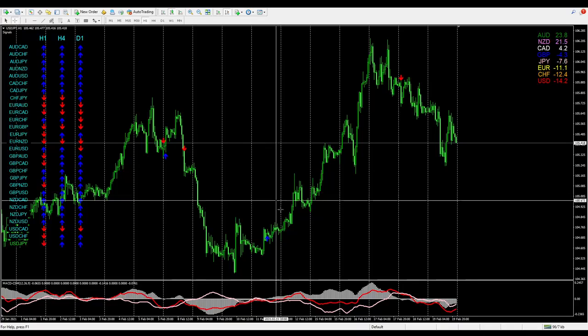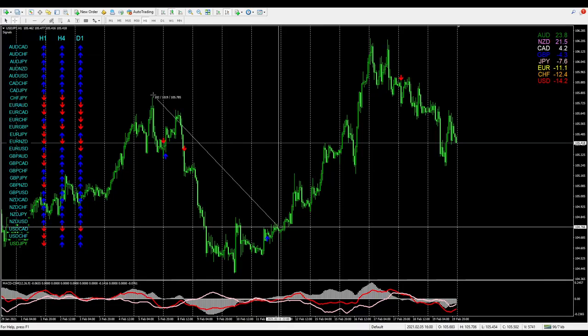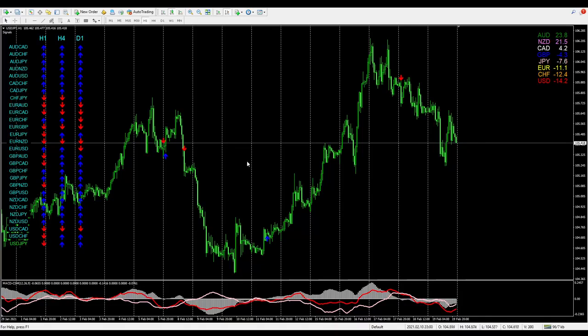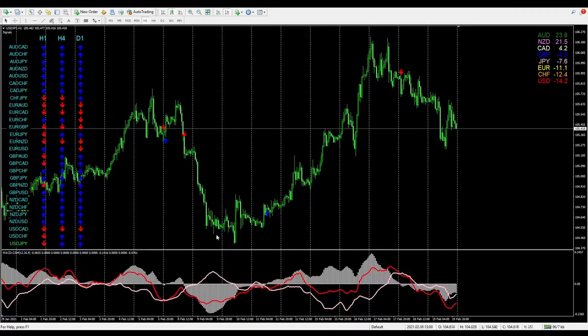So if you're holding your trade up to this kind of resistance, you can still hold it. At least you're still positive 65 pips if you're still holding your trade since last week. But for this week, there is no trade for USD JPY because there's no buy signal on the H1 time frame. And that's all for the 28 pairs from AUD CAD to USD JPY.